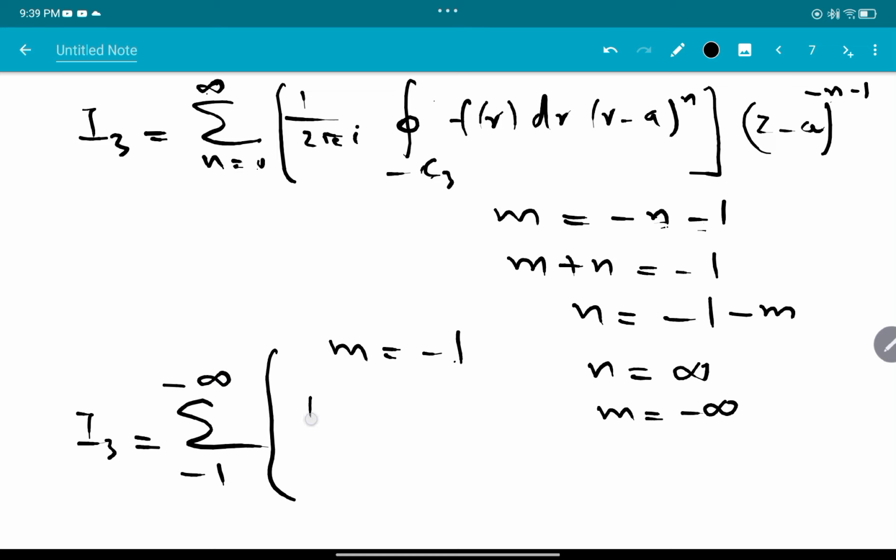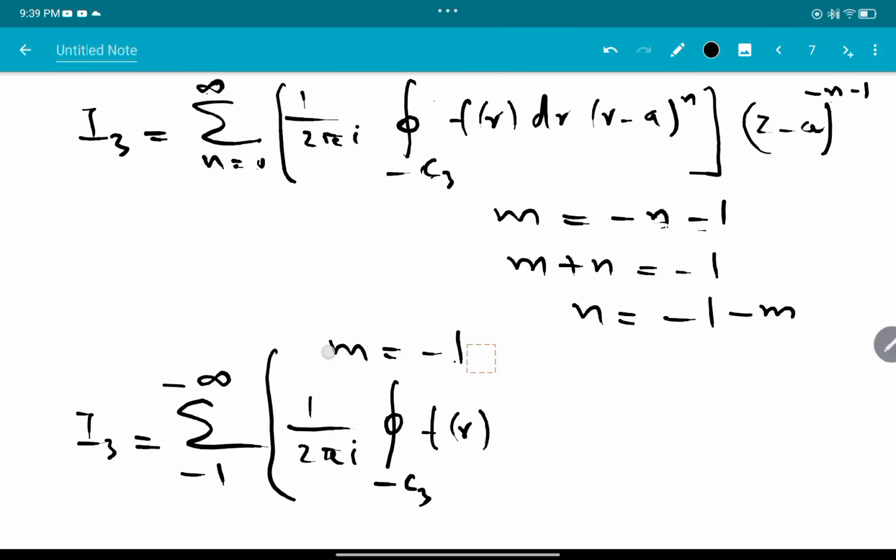Then I will have 1 by 2 pi i, then the integral over minus C3. This is the orientation of the loop; it has nothing to do with this index. Next I have f of gamma d gamma, gamma minus a raised to n.